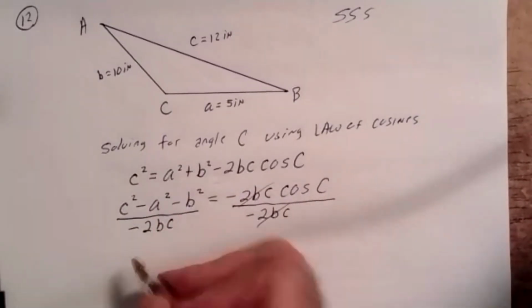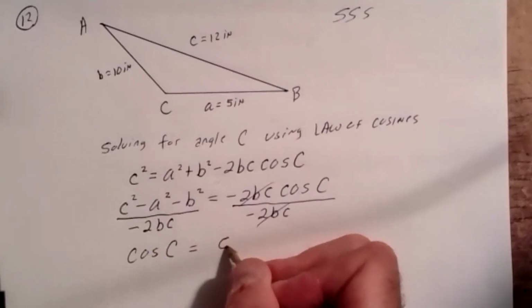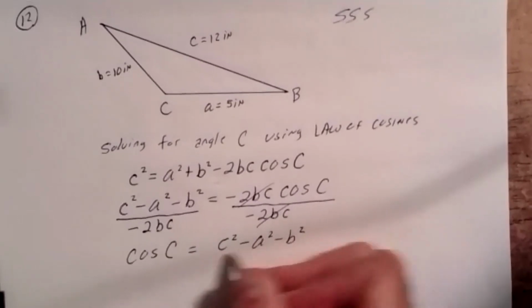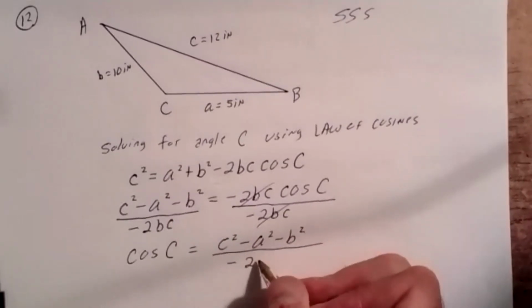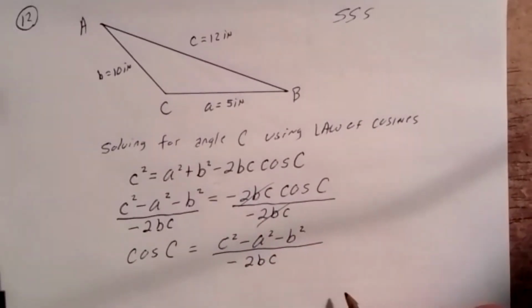This all cancels, and we're left with this now. The cosine of angle C is therefore equal to side C squared minus side A squared minus side B squared divided by negative 2 times side B times side C.